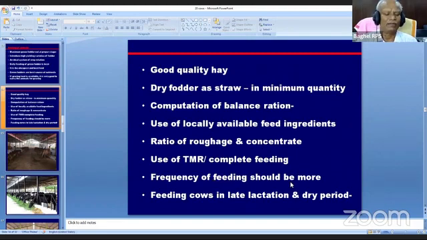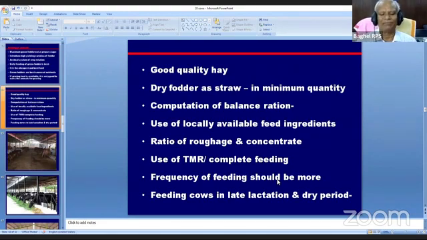Frequency of feeding to the animals. Again, just like milking, farmers feed only twice a day. They keep a large quantity of feed in the manger and the animals take it at rest. But as per the tendency of the animals, as many times as you give feed to them, they will stand up from rest and consume feed.